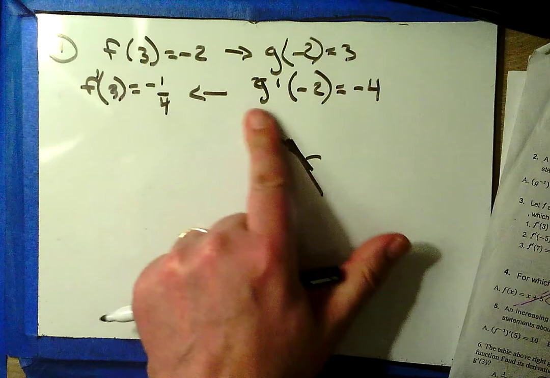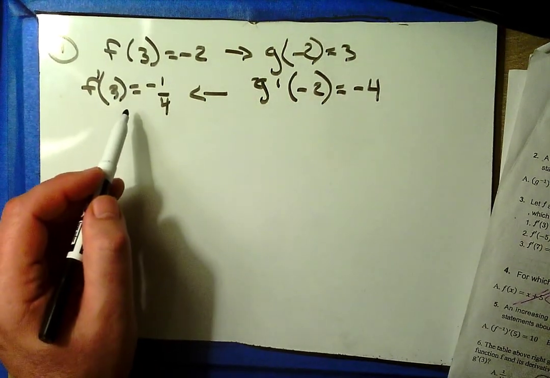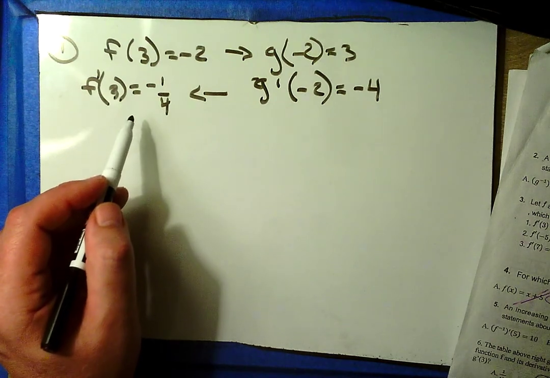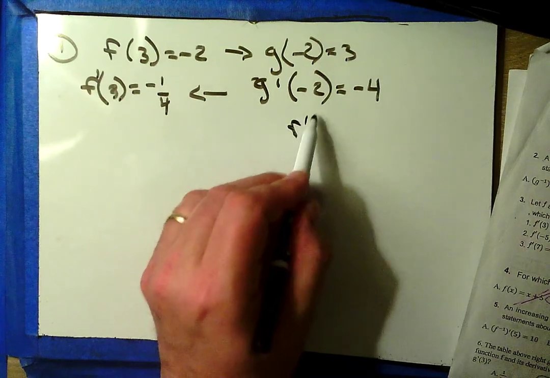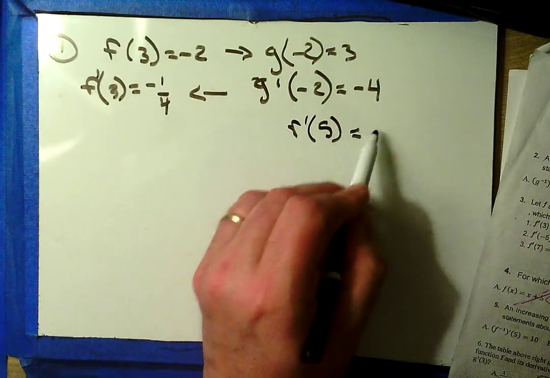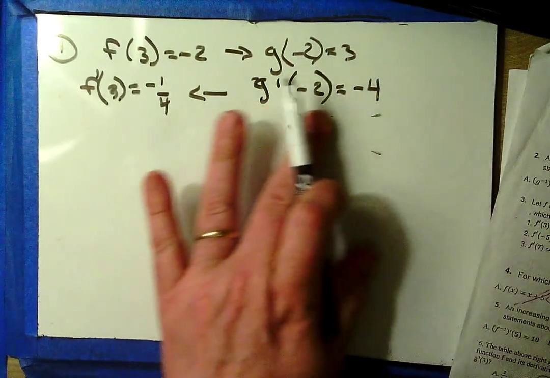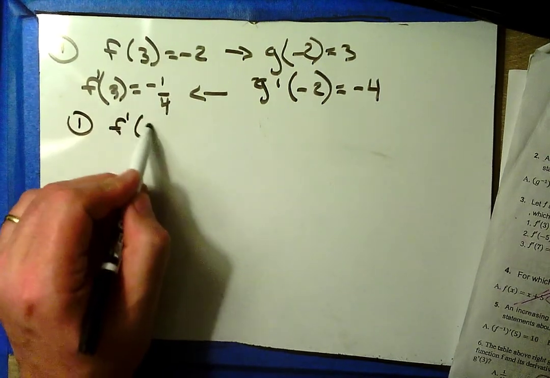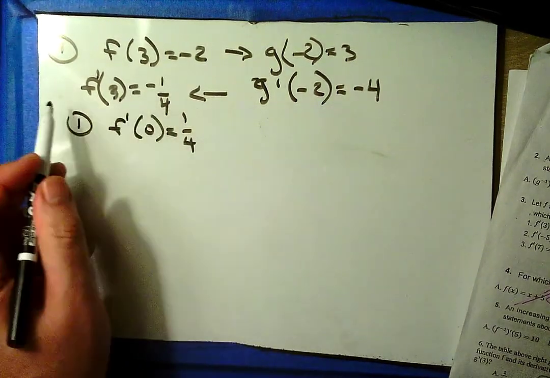So I can't have any other positive slopes, which rules out 3, f prime of 5 equals -1/4. Can't have the opposite slope is what I was saying with 1. So f prime of 0 equals 1/4. See, these are opposites. I can't have those.